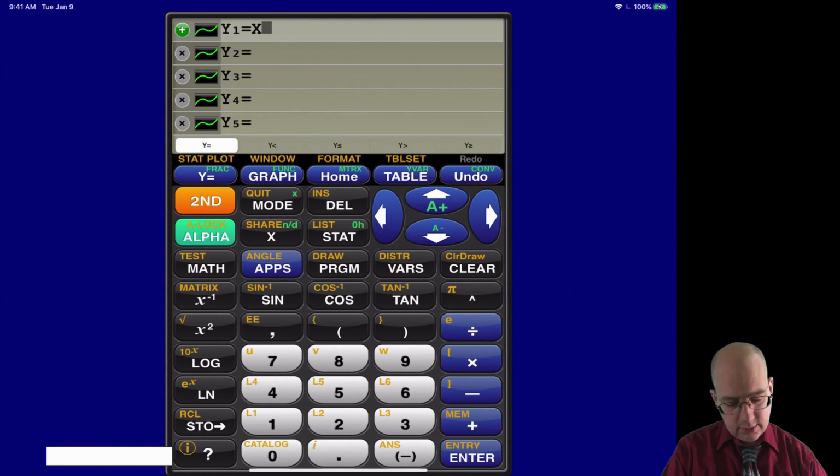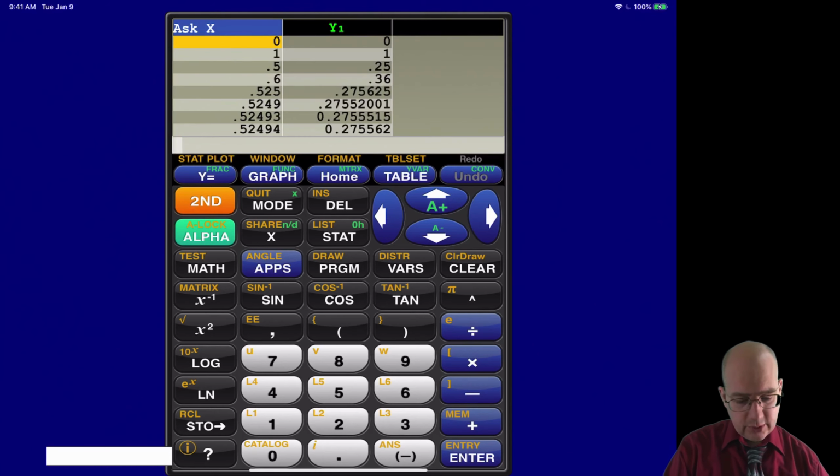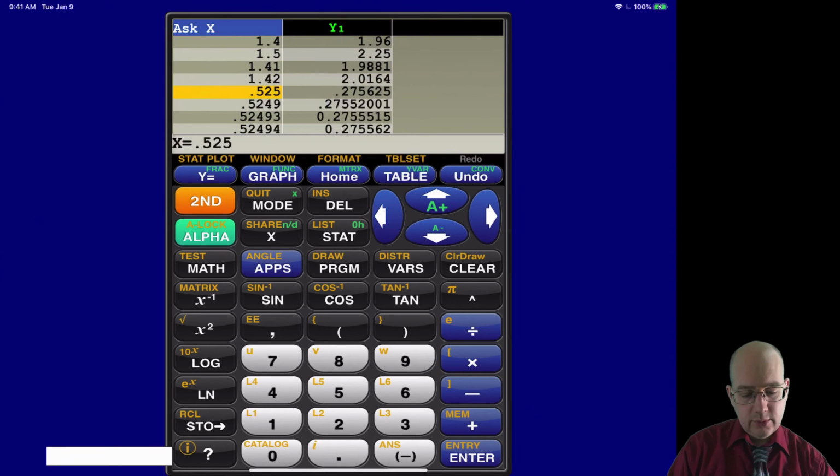Just to demonstrate that, let's define this as x squared, and let's go to the table. So let's start with a guess of 1.4 and 1.5. All right, and so you got a little step size there, so we'll just go 1.41. So that's pretty close, 1.42.